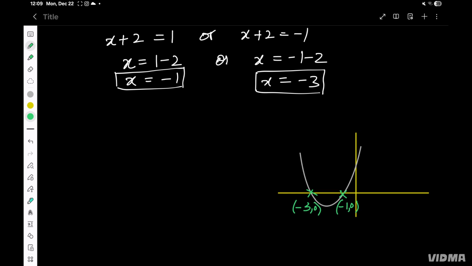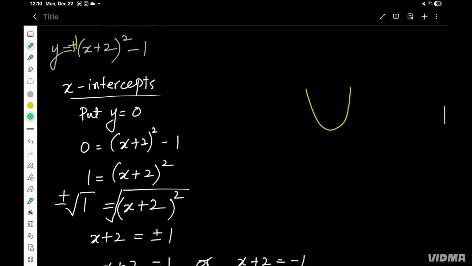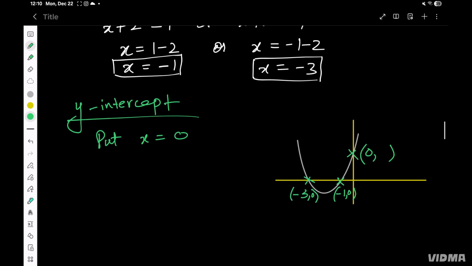Now our next target is to find the y-intercept, that is this thing, and we know that on the y-axis our x coordinate is 0, so we need to just find the y coordinate. So we can just put x is equal to 0 in the equation y is equal to (x plus 2) square minus 1.